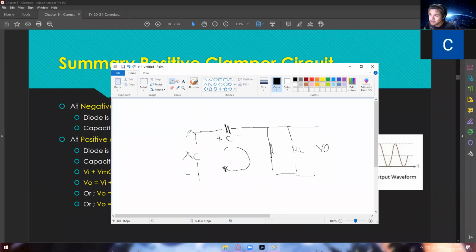That is why whatever is the first sign here will be your sign here, and whatever is the sign here will be your sign here. As a result, our polarity now will be like this. So this voltage now is negative VC, or negative VMC rather.